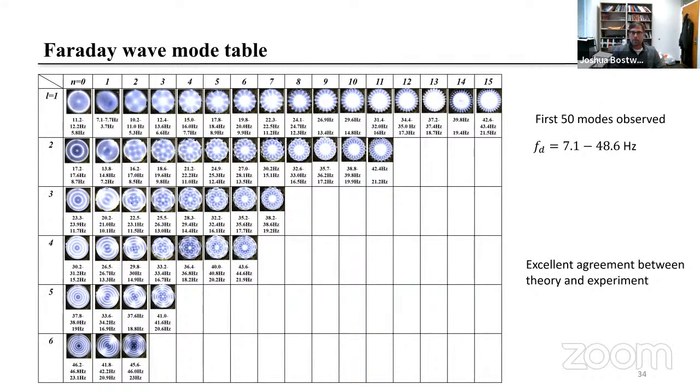We've observed the first 50 Faraday wave modes in a cylindrical container for water. These modes are described by the mode number pair N and L, and we typically find very good agreement between experiment and theory.